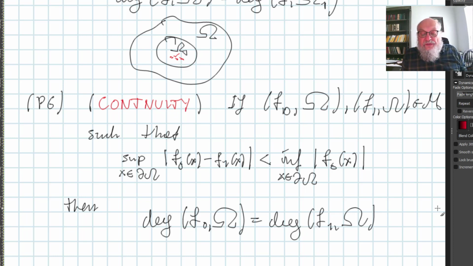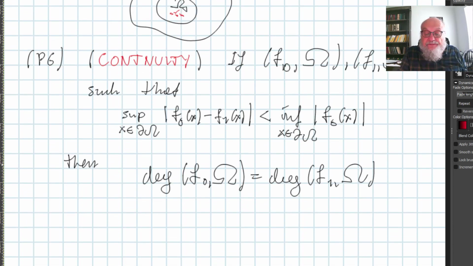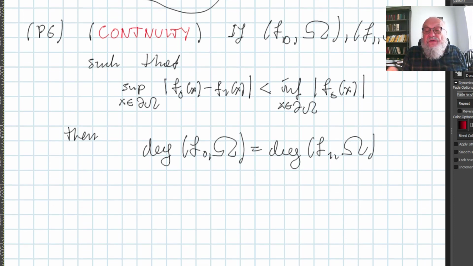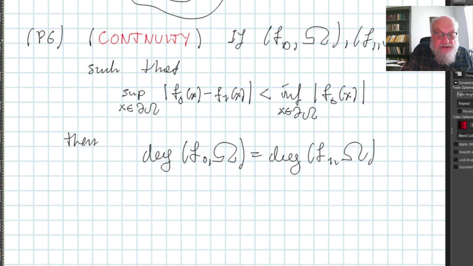So why is it called the continuity property? Because in a certain way, maybe let's go to the next one, and then in a little larger context we explain it. Here you have a property which is called the boundary property.